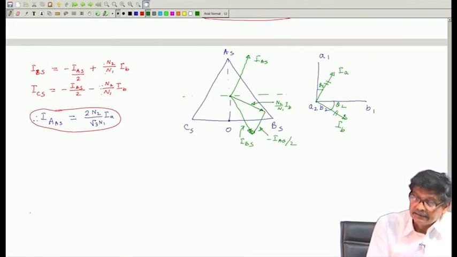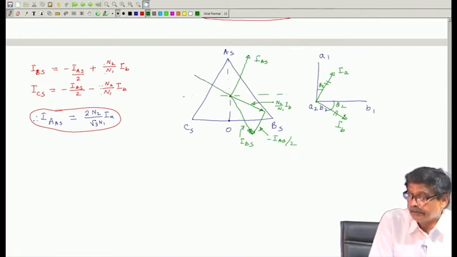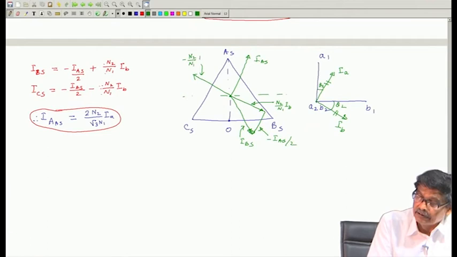Similarly, ICS is N2 by N1 into IB, negative of that. So, N2 by N1 into IB has already been drawn. So, negative of that, this length is minus N2 by N1 into IB, and to this I have to add minus IS by 2.